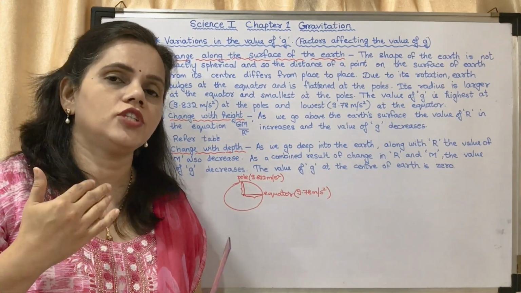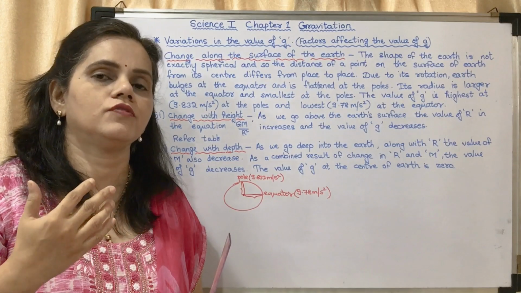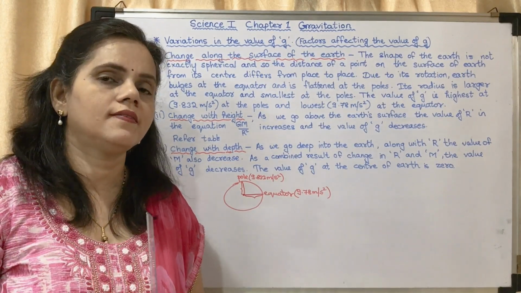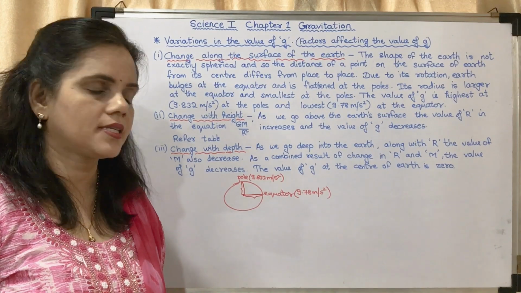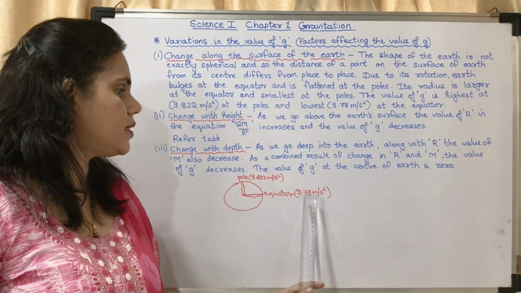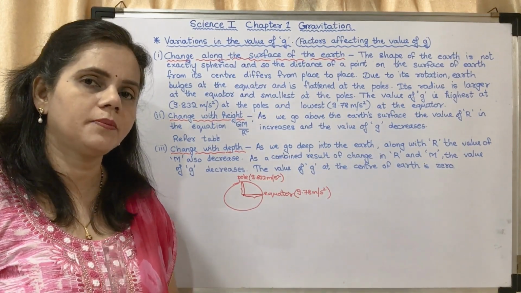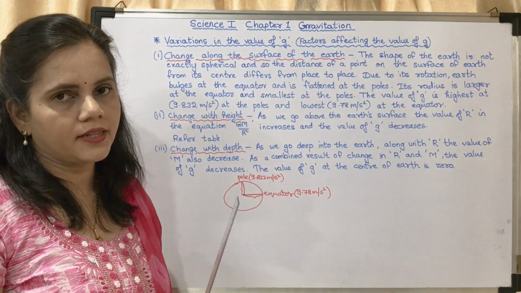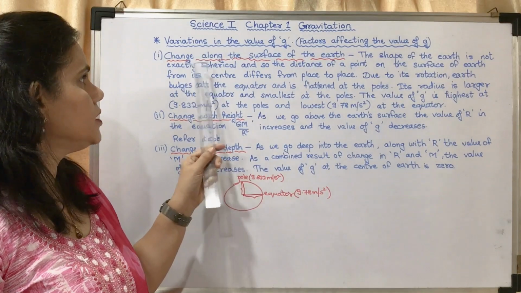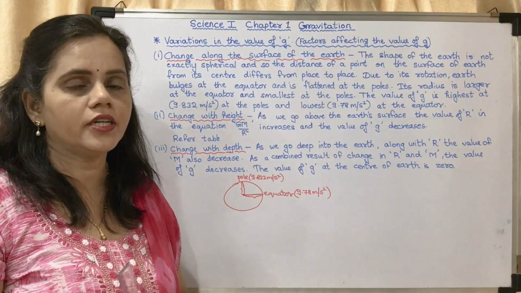What is the value of g at the poles? It is 9.832 meter per second square, and at the equator it is 9.78 meter per second square. So this is the first factor affecting the value of g, change along the surface of the earth.